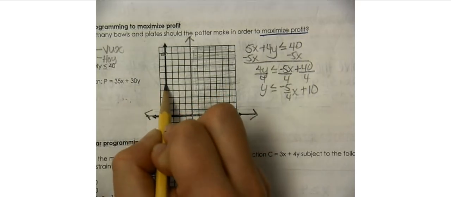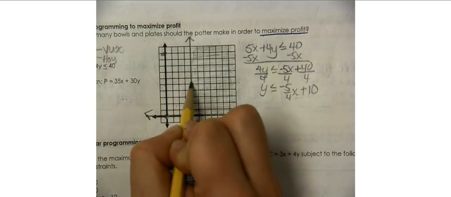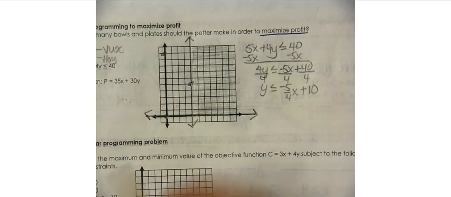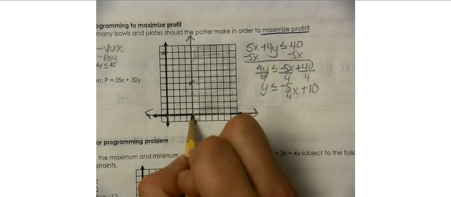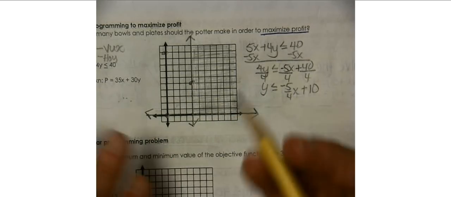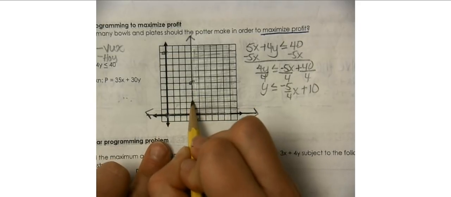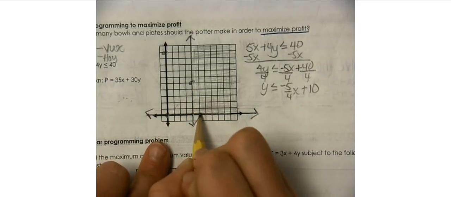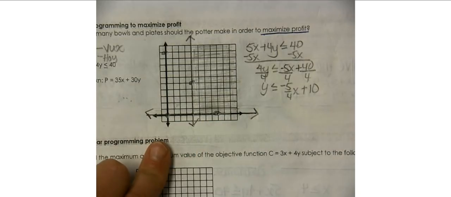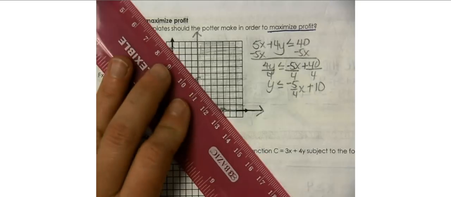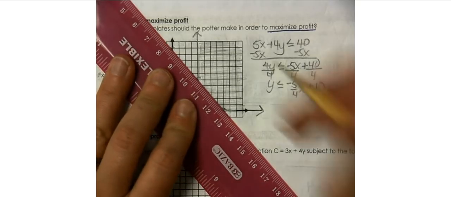And I'm going to plot that point and come up with as many points as you can because those points might end up as a corner point. So I'm going to go down 5 again, 1, 2, 3, 4, 5, and over 4, 1, 2, 3, 4, and I'm going to plot a point. And I'm going to draw a line going through those points. This is a solid line again because I have an equal to sign.